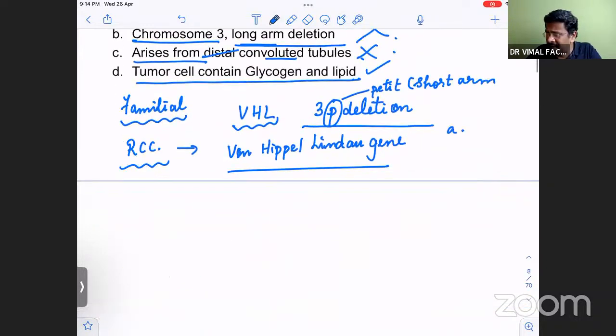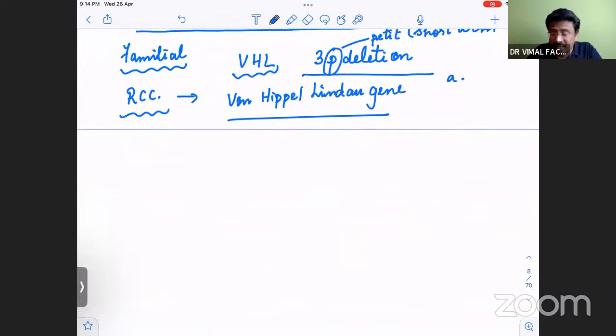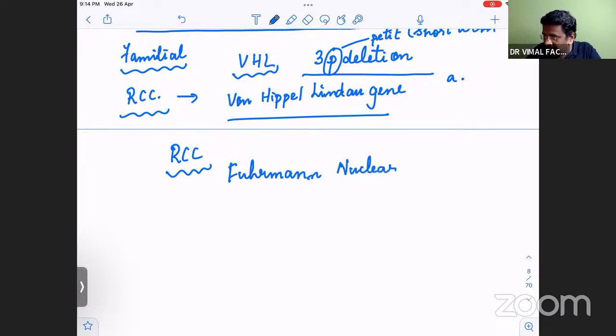Okay. And what is the nuclear grading used in RCC? It is Fuhrman nuclear grading. Fuhrman nuclear grading is the RCC nuclear grading. Okay.